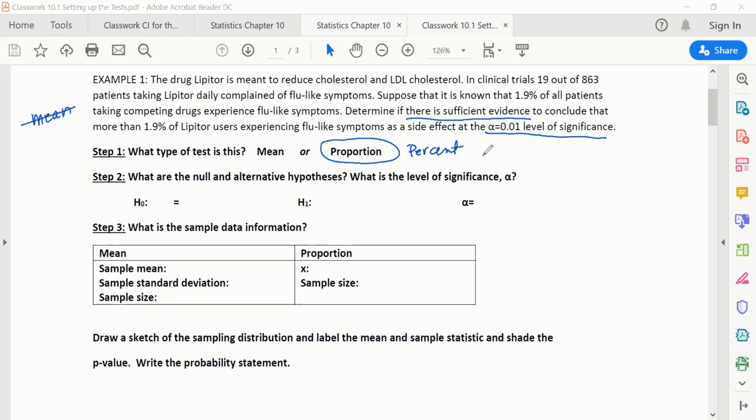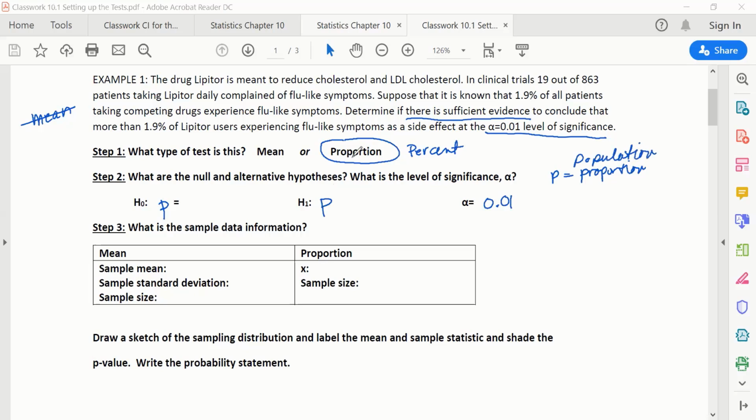So second, what are the null and alternative hypotheses, and what is the level of significance? The level of significance is easy, it's right here, so it's 0.01. Now we know that it's about a proportion, so our hypothesis tests are going to be about P. P is our proportion in the population.